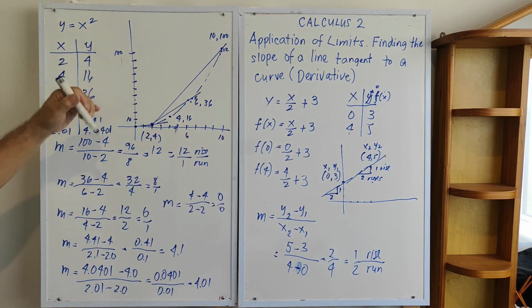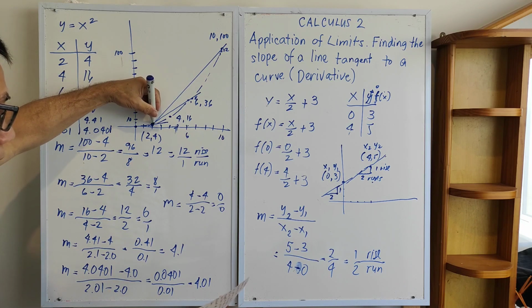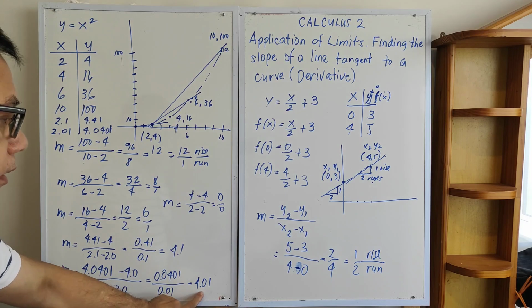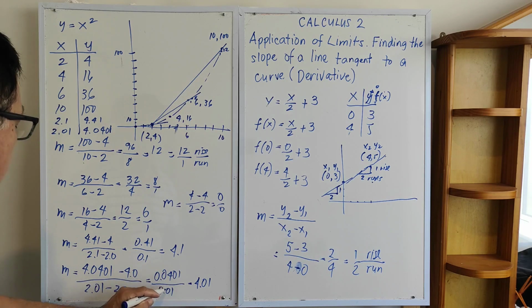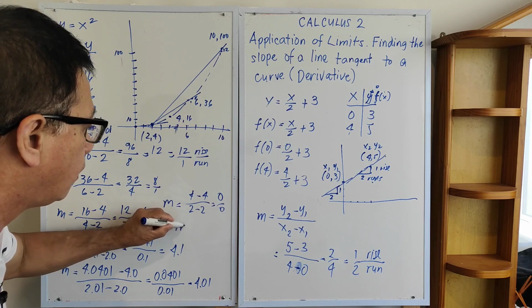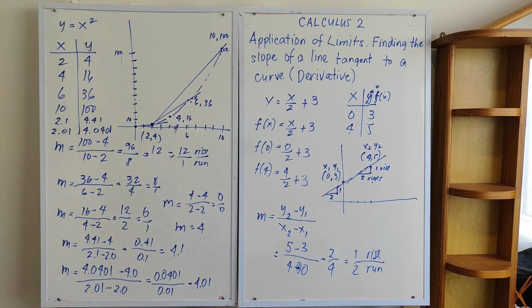We cannot use the same point. So we have to get a point very close to that point to establish the limit, or how close it is to the limit, which is 4. So the actual slope is 4 at 2, 4.